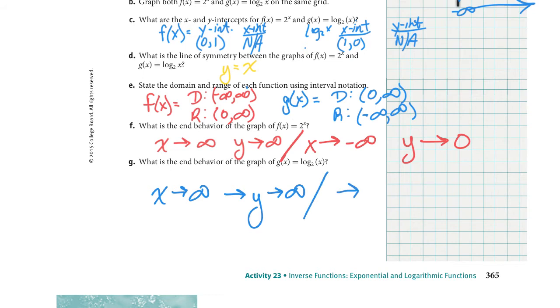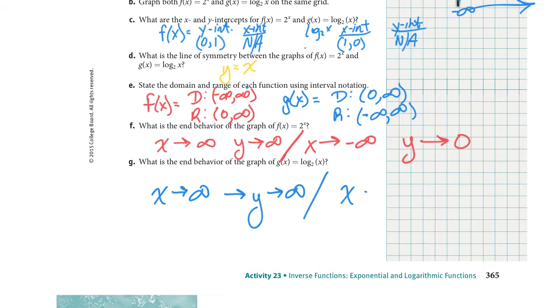And as x approaches negative infinity, this function does not approach negative infinity. It has an end behavior where x approaches 0.